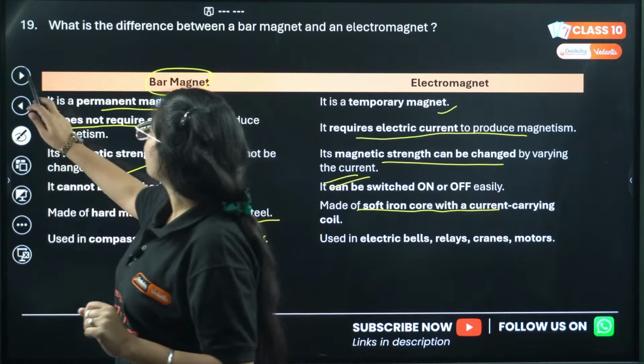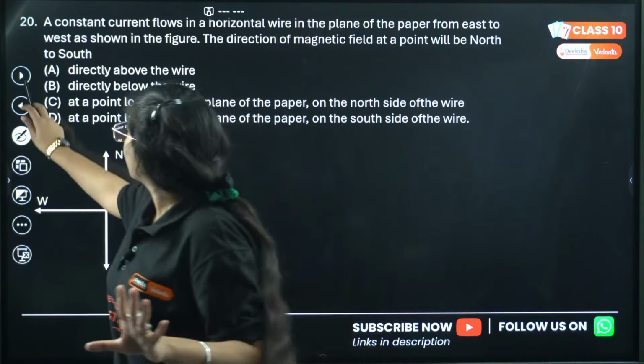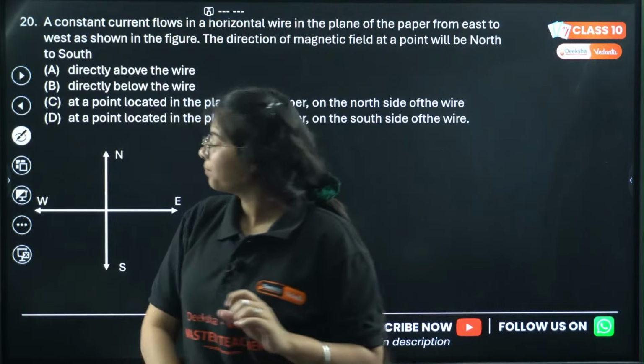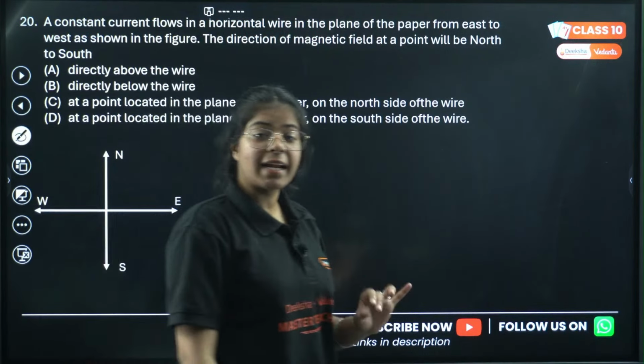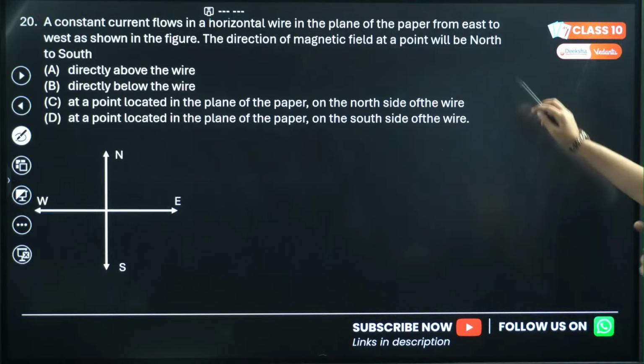Just one more question left, guys, but it's a very good question. Study this, read this carefully, and it's a CBSE question.